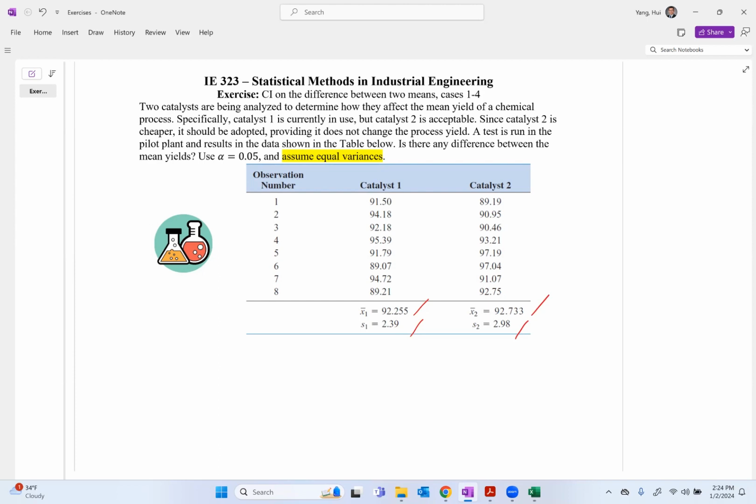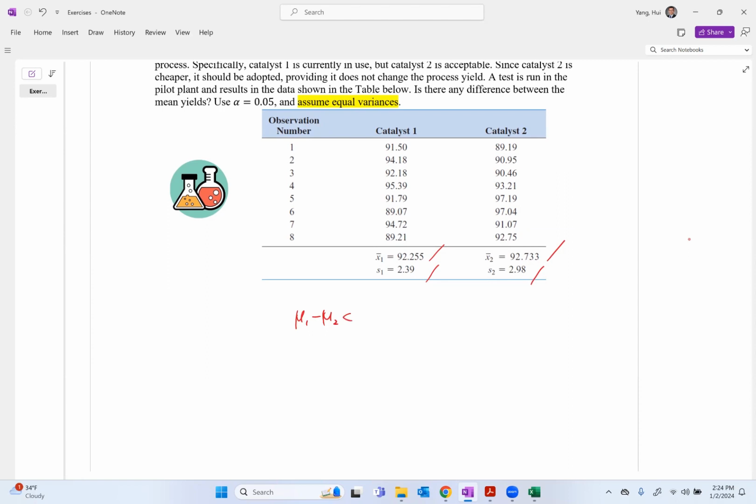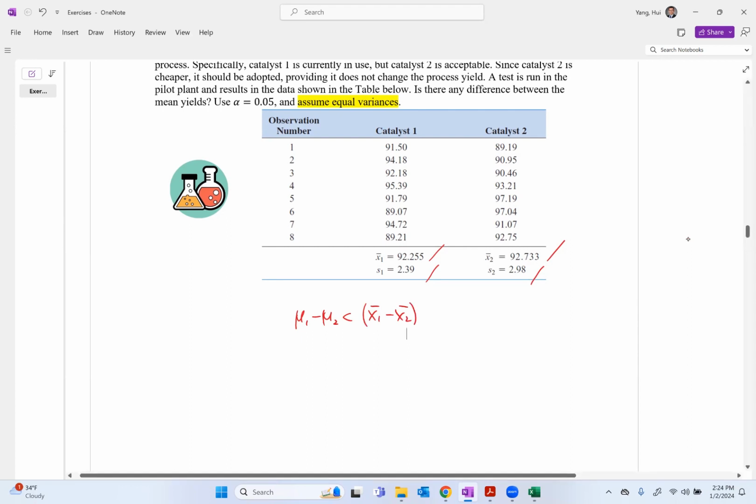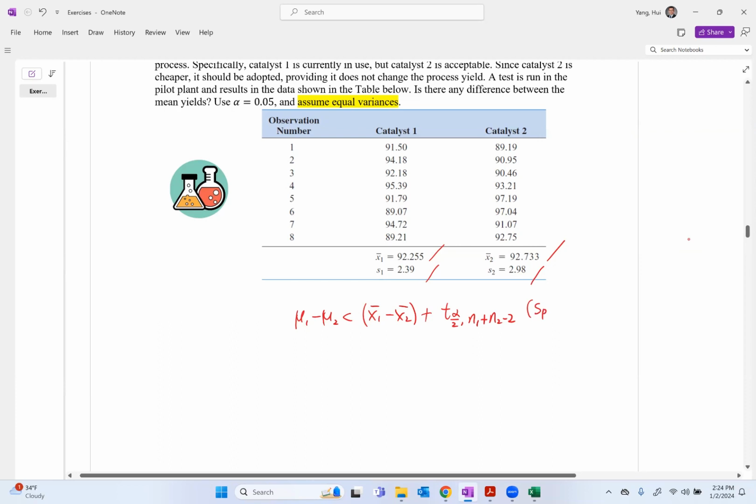So let's put the equation here: mu1 minus mu2 will be less than x1 bar minus x2 bar, plus t alpha over 2, n1 plus n2 minus 2, then we use the pooled standard deviation estimate.